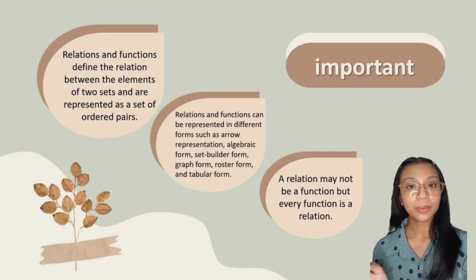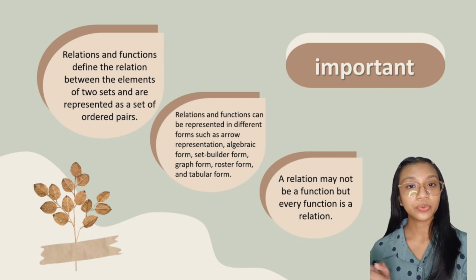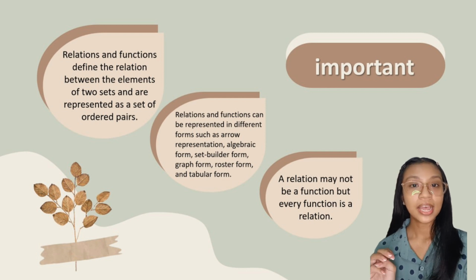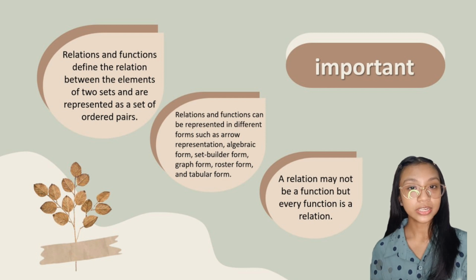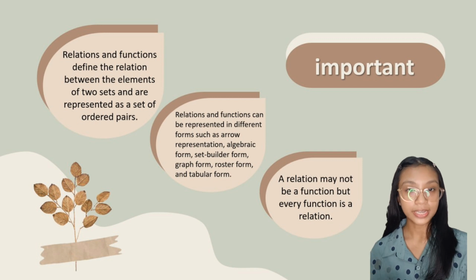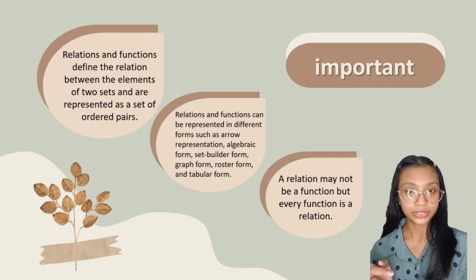Now, I will explain about important notes on relation and function. From all the material that we learned before, we have 3 important things that we should remember. 1. Relation and function define the relation between the elements of two sets and are represented as a set of ordered pairs. 2.